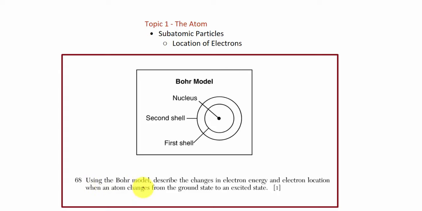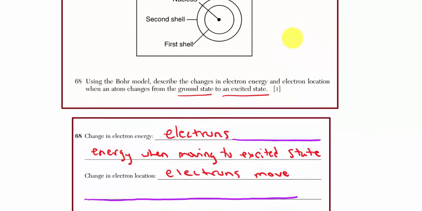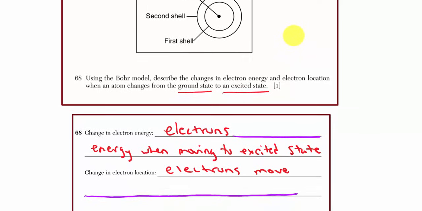Question 68. Using the Bohr model, describe the changes in electron energy and electron location when an atom changes from ground state to an excited state. You need to recall that when an atom gains energy, it promotes its electrons to the excited state by having the electrons actually gather that energy.